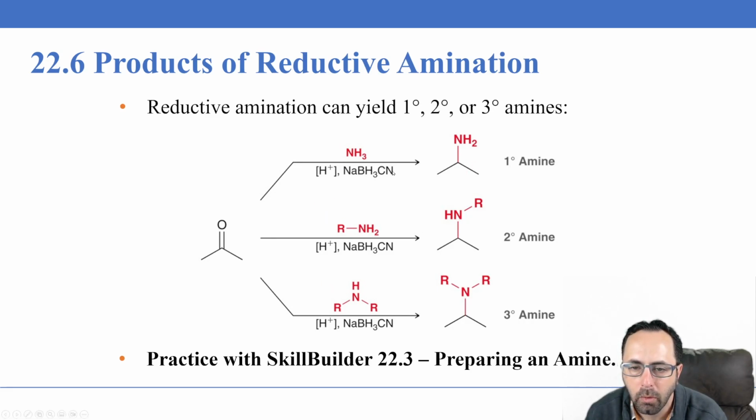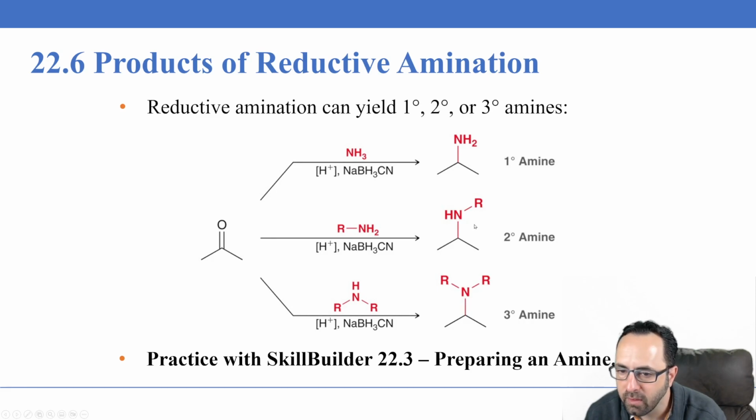If we want to produce a primary amine, we simply use ammonia as the nucleophile to attack the ketone here. We expose it to acid to protonate the ketone or the aldehyde, and we use our selective reducing agent, sodium cyanoborohydride, and this will produce a primary amine when this nitrogen attaches to this carbon.